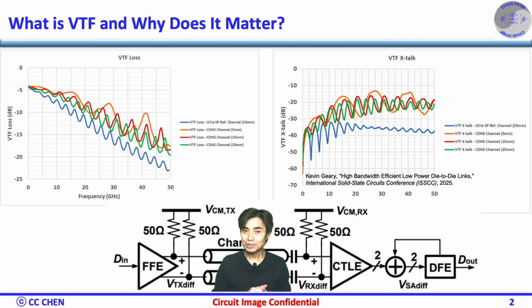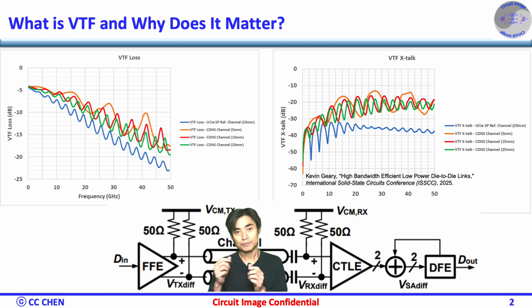VTF is particularly useful in short-reach, high-density interconnects, where power domain metrics alone fail to address voltage degradation, affecting eye-opening distributions and BER rates. By bridging frequency domain analysis with real-world voltage performance, VTF enables designers to optimize equalization, channel design, and crosstalk mitigation more effectively.